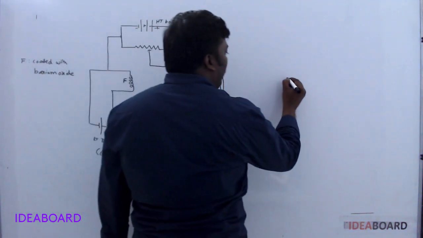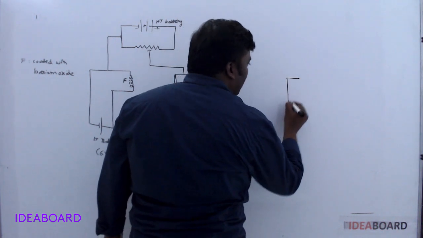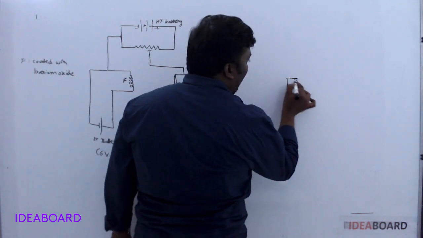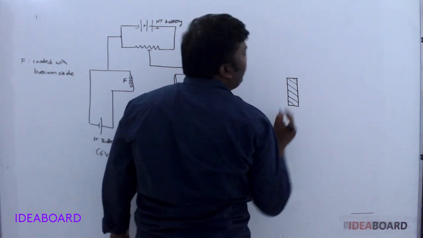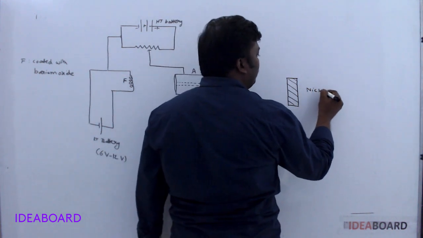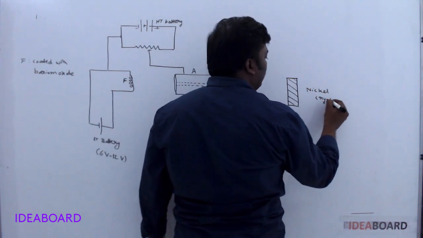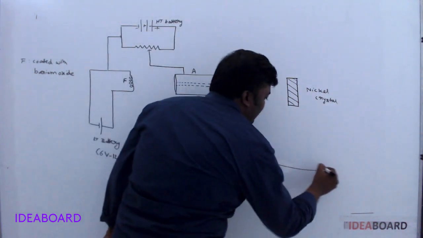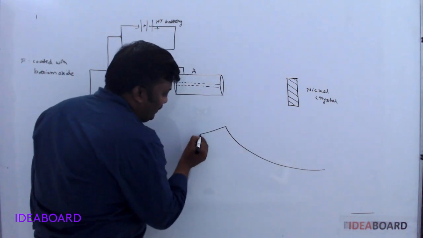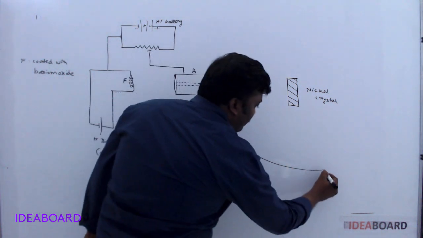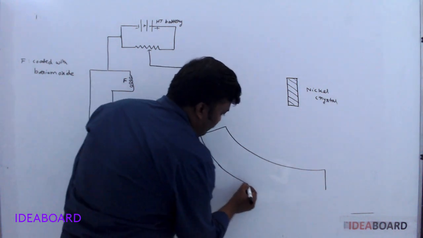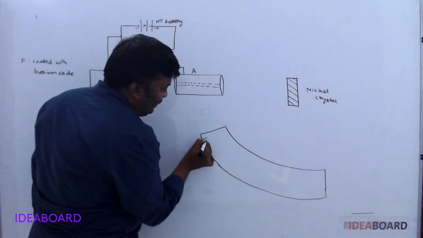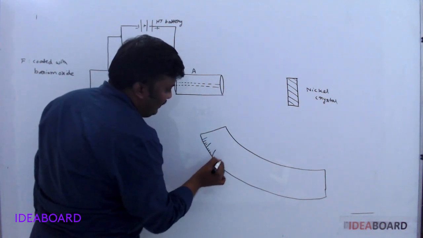They considered one nickel crystal as the target element. Also in the experimental setup, there is one circular scale, which is graduated with different angles.